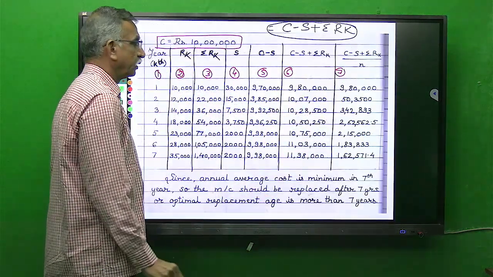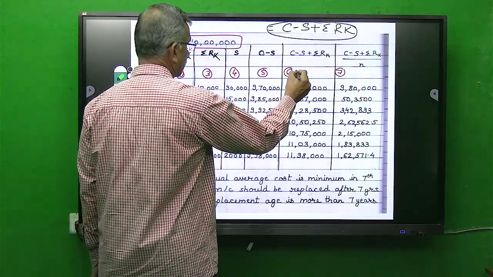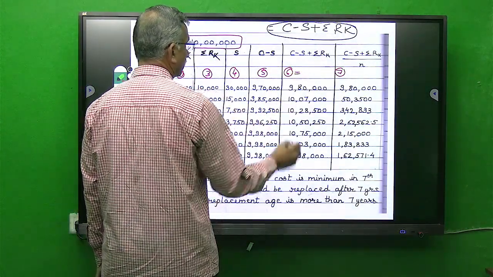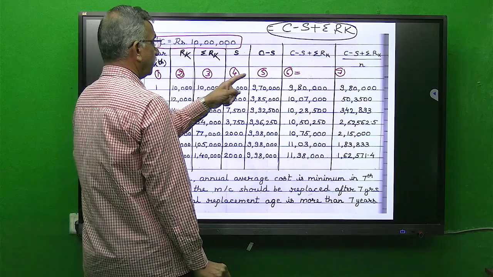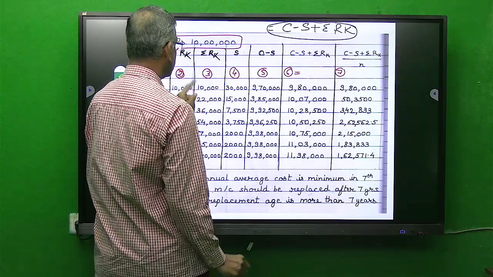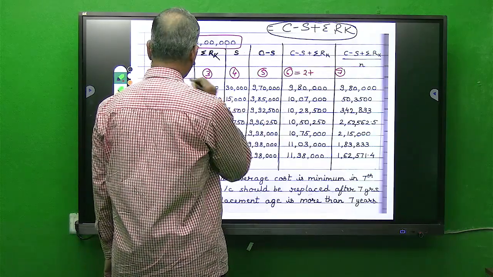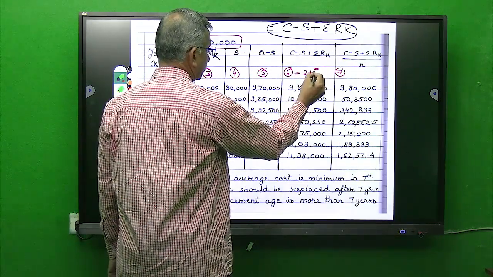So simply this sixth column is nothing but, for your understanding, it is sum of what? C minus S plus summation RK. So this is column number 2 plus column number 5. Simple.